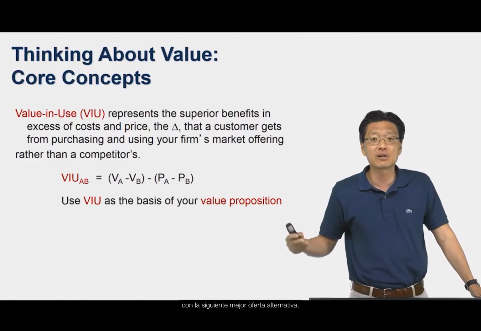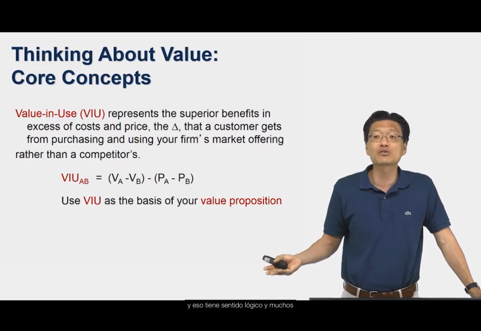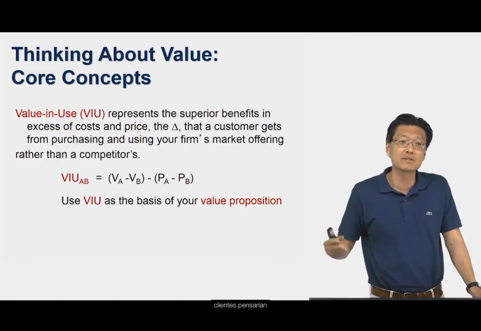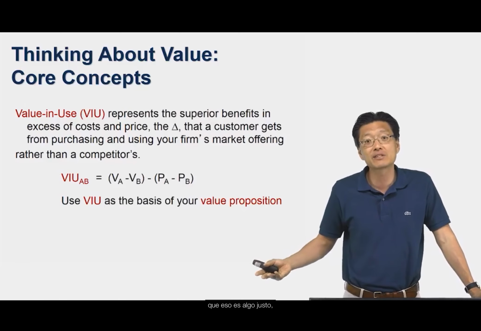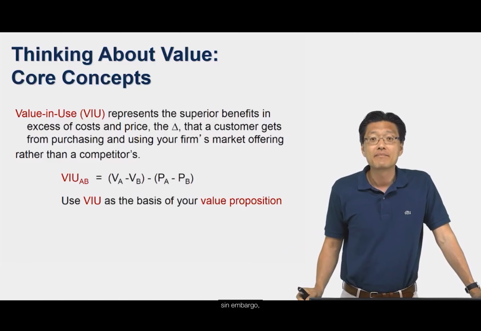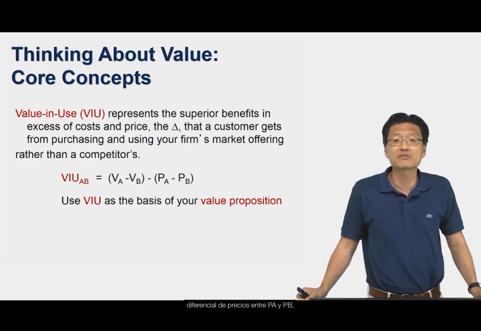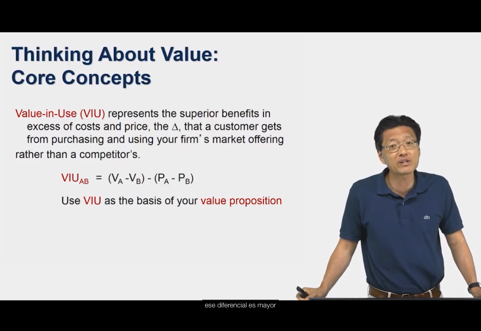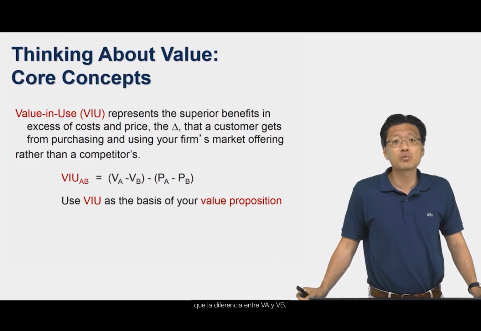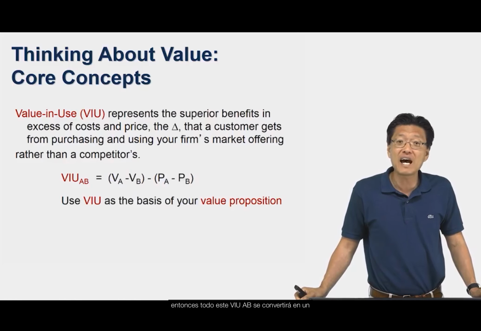That makes logical sense, and a lot of customers would think that's a fair thing to do. However, if the price differential between PA and PB is greater than the difference between VA and VB, then this whole VIU_AB will become a negative number.